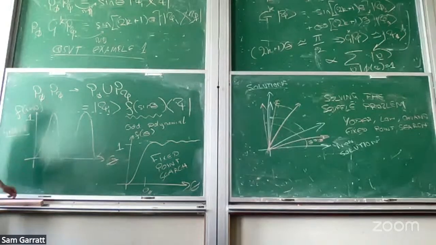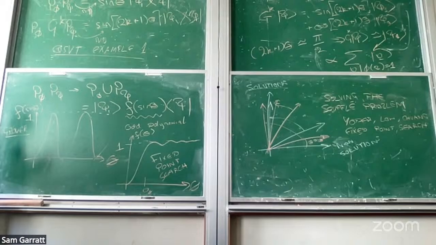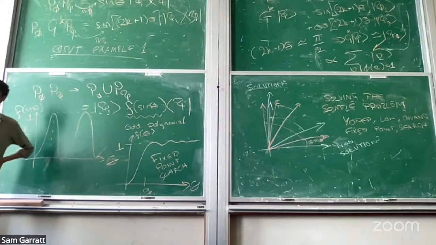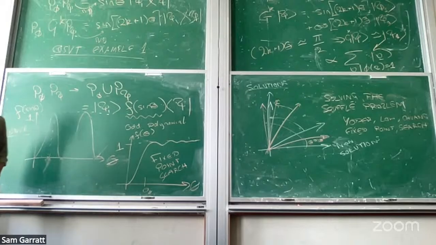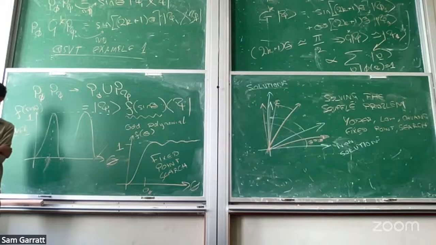But I guess my point is, no matter what, if you keep doing the unitary rotations defined by the reflections, you would eventually get to f of sine theta equals 1. But here, this doesn't happen.